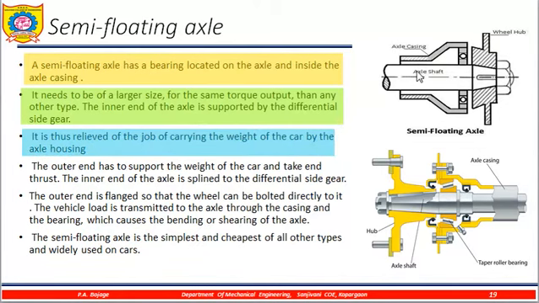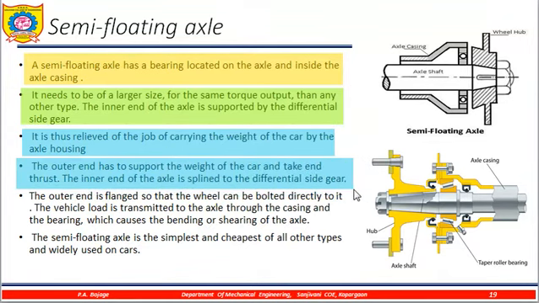Please make clear that the weight of the vehicle is being carried by the casing, and the function of this shaft is to rotate the wheel. The outer end has to support the weight of the car and take the driving thrust, and the inner end of the axle is splined to the differential side gear.